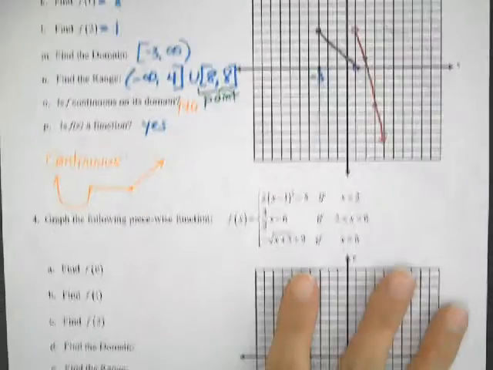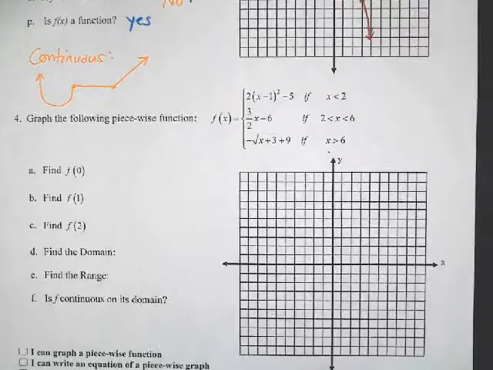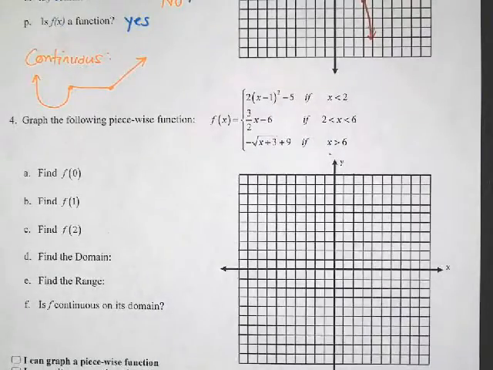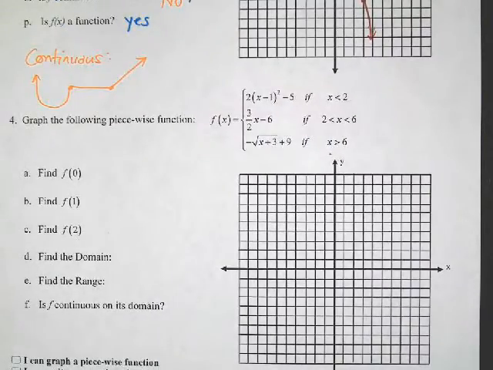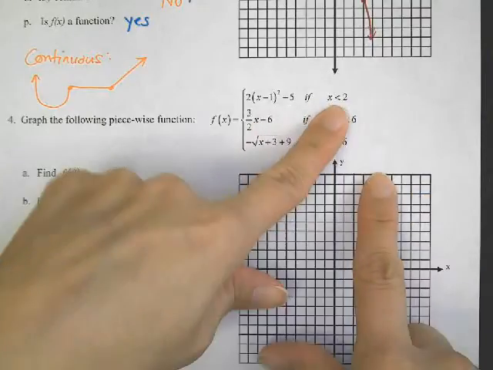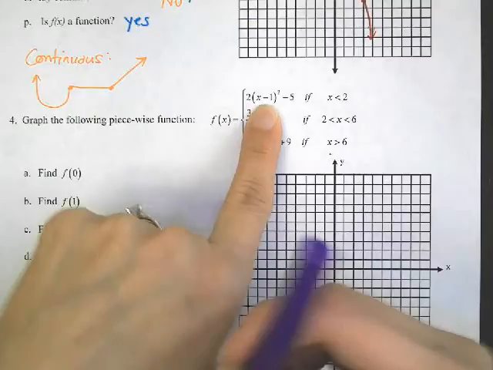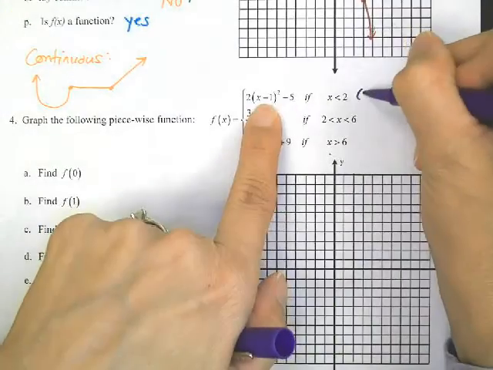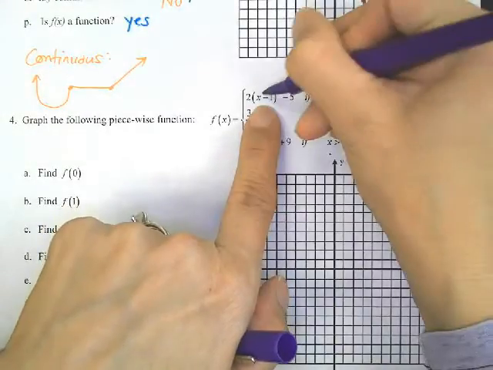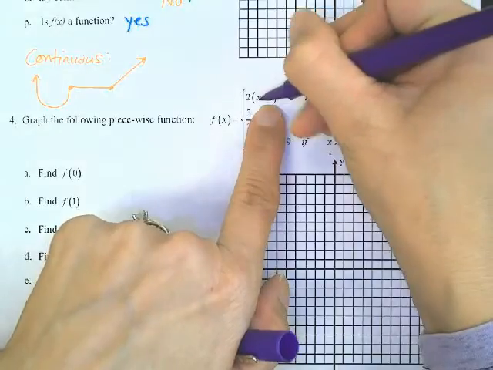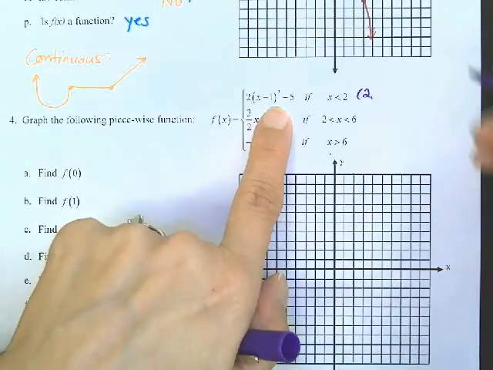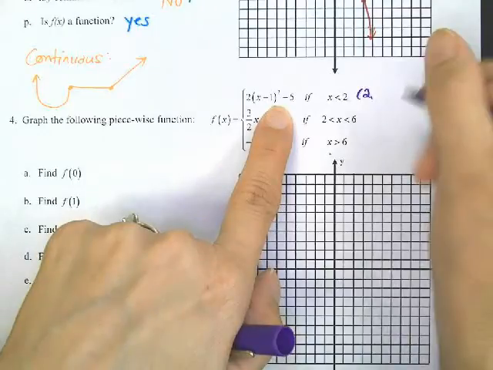Okay, and the last one right here, let's go get that pencil out again. The first thing I'm going to do is plug in the values. So the first thing is I'm going to plug in 2 into this equation. So 2 minus 1 is 1. 1 squared is 1 times 2 minus 5 is negative 3.